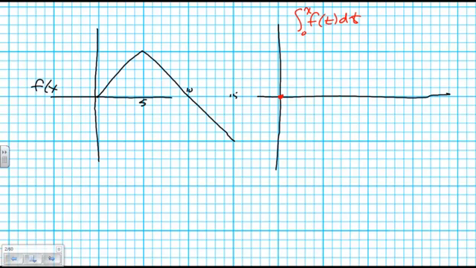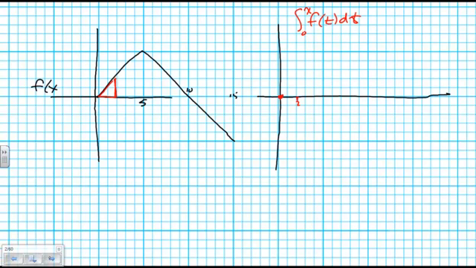Right? And let's say, what about when x is 2? Now what does that say? The integral from 0 to 2 is equivalent to the area of that red triangle. 2? 2.